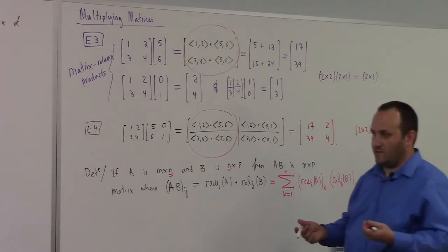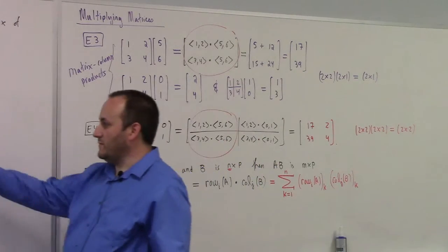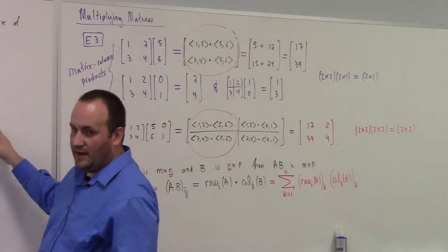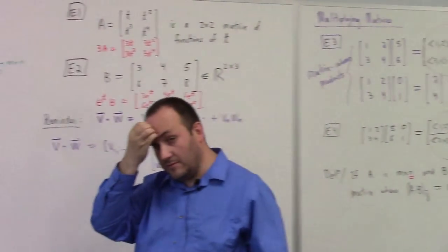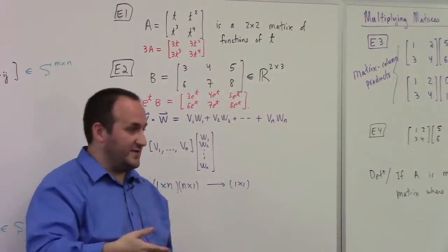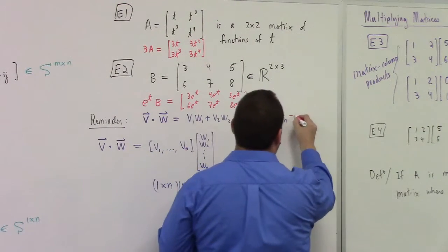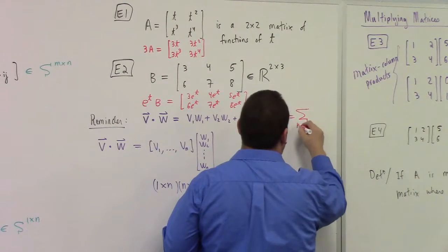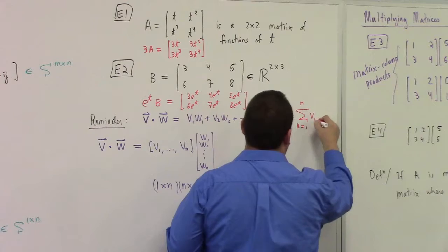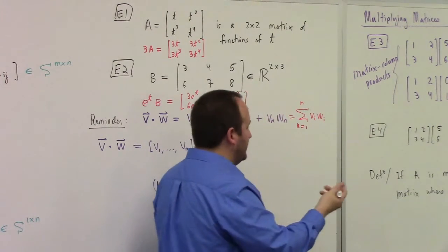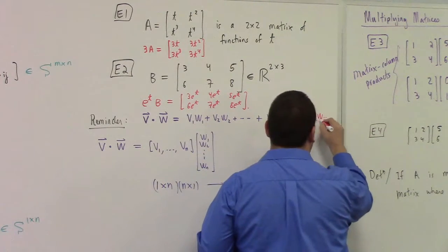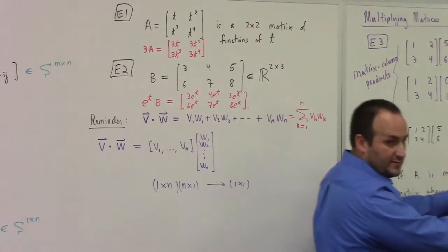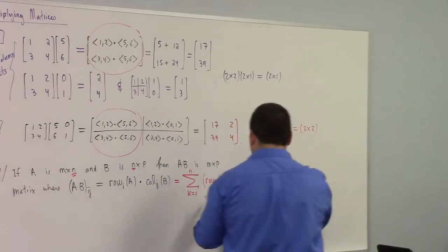See, that's how a dot product works, right? 1 with 1, 2 with 2, 3 with 3, n with n, you add them up. So I can rewrite this as the sum over k equals 1 to n of v_k w_k. So I'm just using that over here. Do you guys follow me?